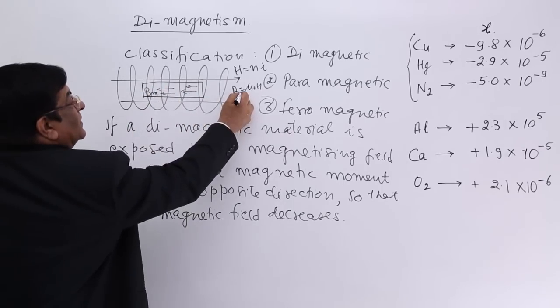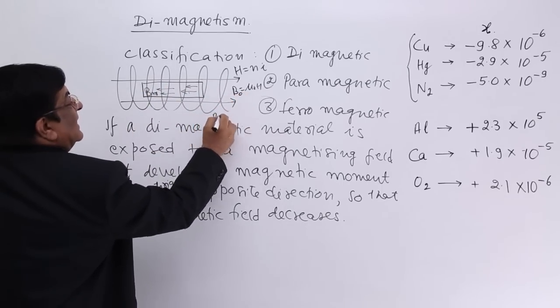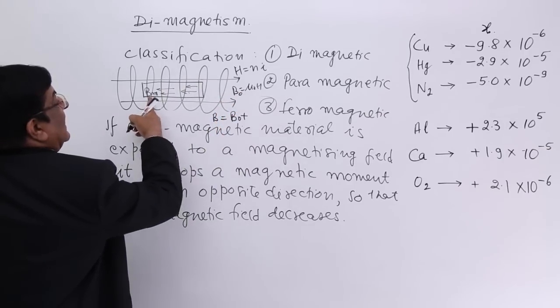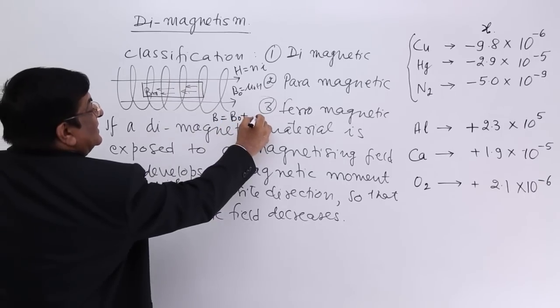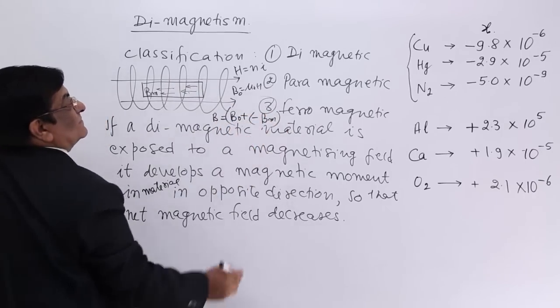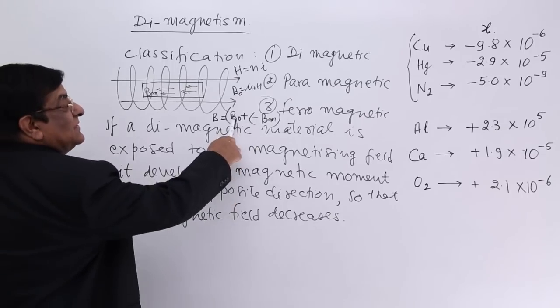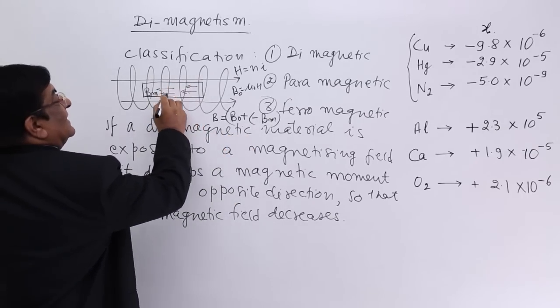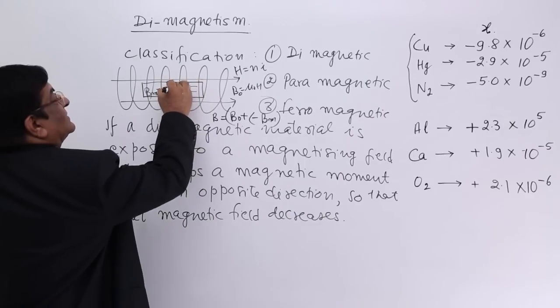So what will be the net B? Net B will be B naught plus Bm, which is in the opposite direction, so this is minus Bm. So this value will decrease inside. Inside this, the net magnetic field is how much?